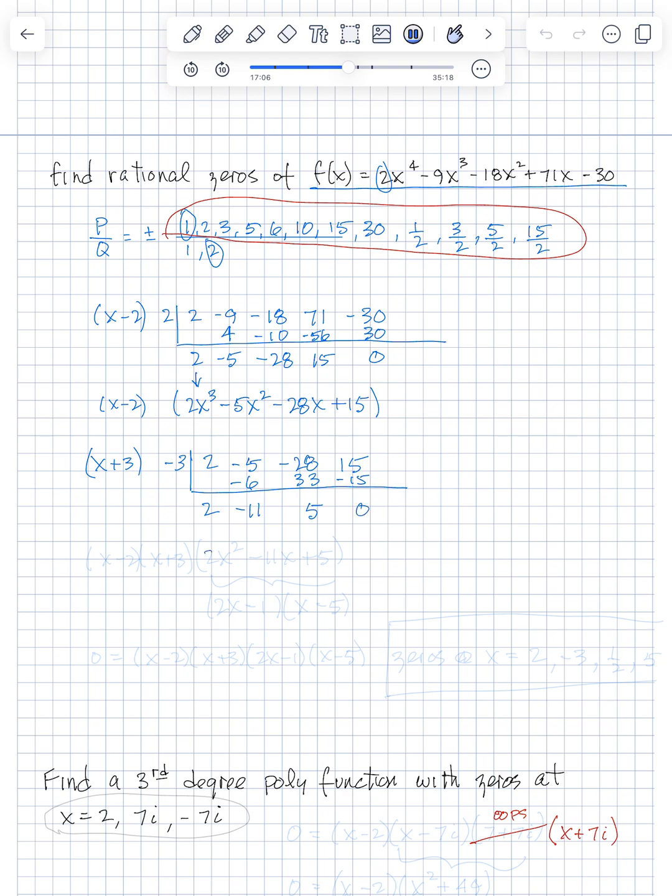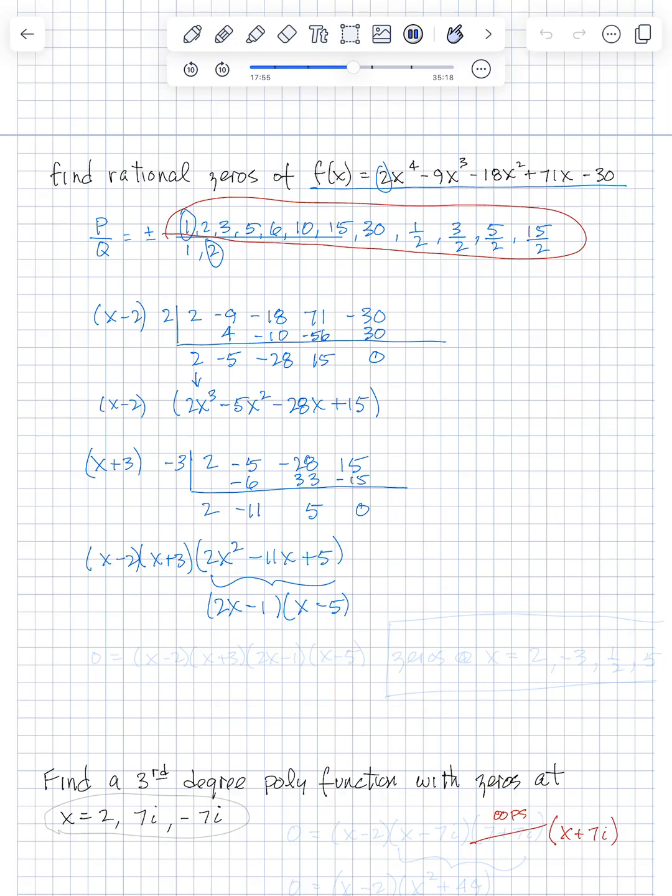So this is 2x squared minus 11x plus 5. And our factors times that, we have an x plus 3, and the first one, x minus 2. So we look at this and see if we can factor that, and it turns out we can. If we couldn't, real easy, we'd just do another synthetic division, but this factors out to be a 2x and x, and then this is going to be a -1 and a -5.